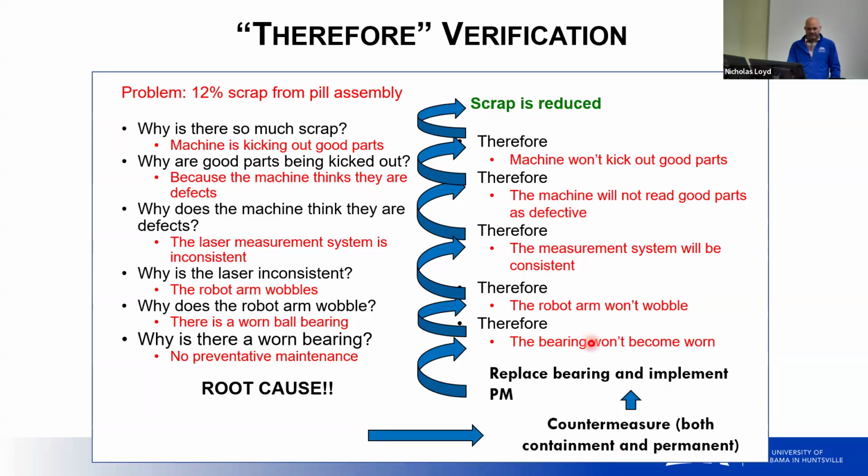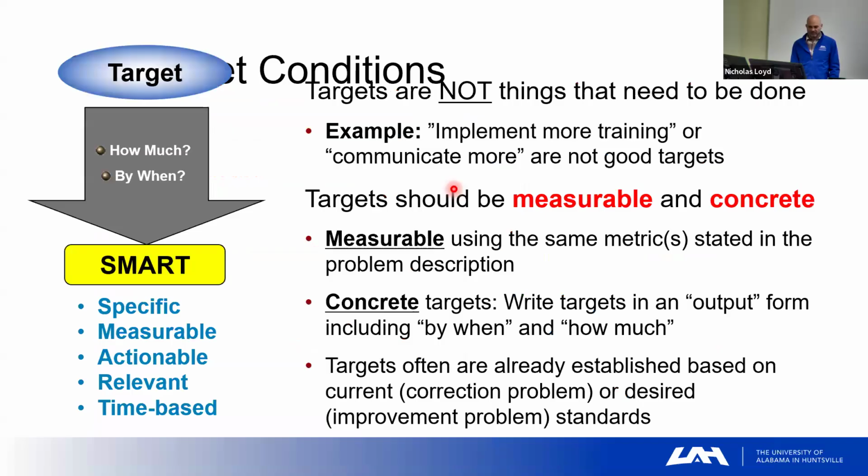And if you can map it back, then you probably developed a pretty good countermeasure to address the root cause. And if you haven't, then you probably didn't perform the 5 why correctly, and you go back and reiterate, and it drives you to perform and execute it more properly.